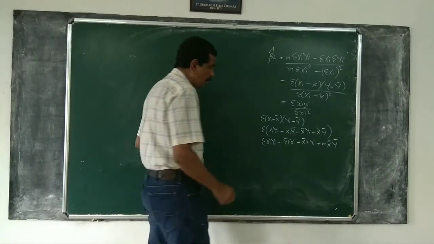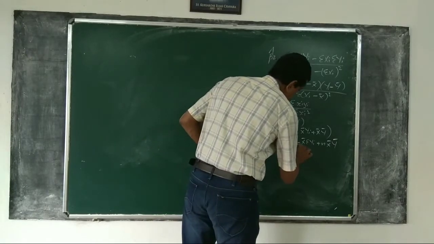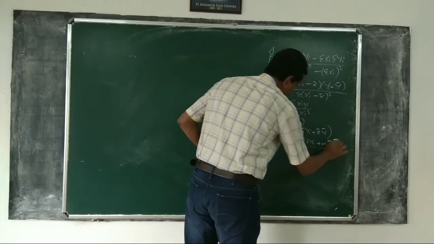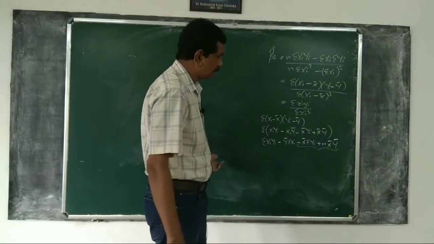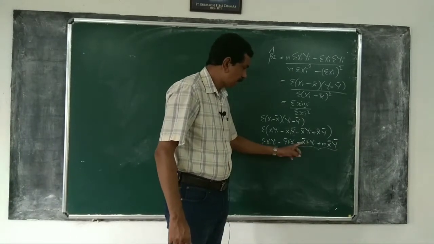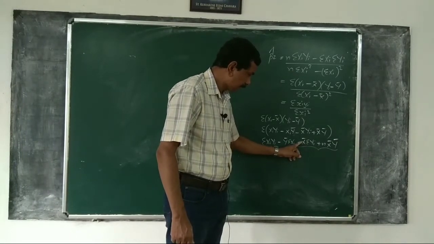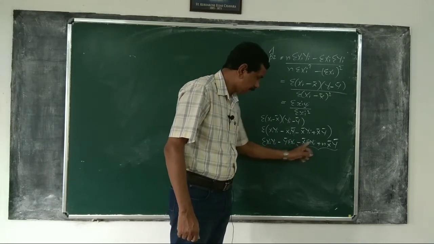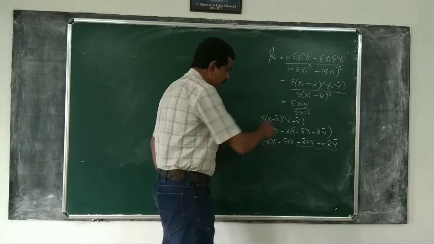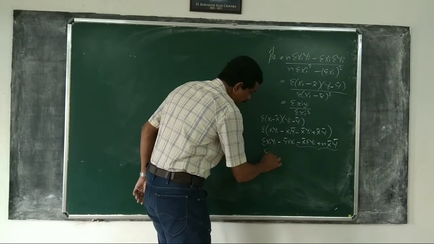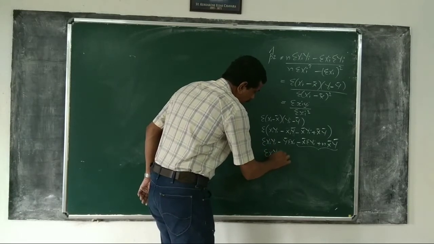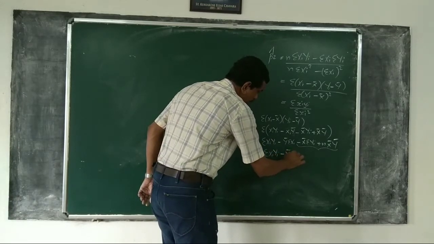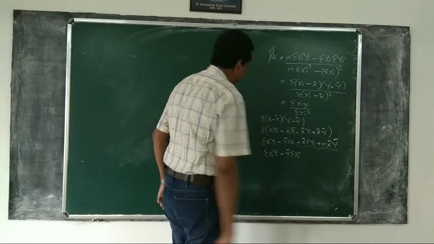Now, we know that these terms are equal. If we multiply a term with n and divide with n, the expansion becomes sigma xi yi minus y bar into sigma xi.